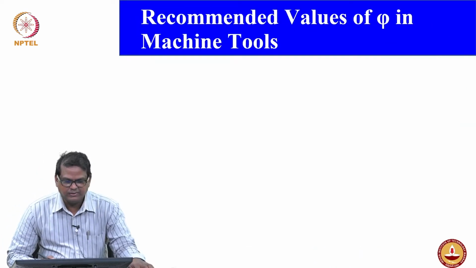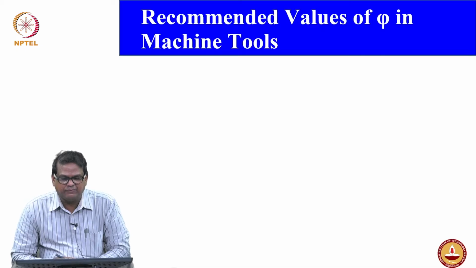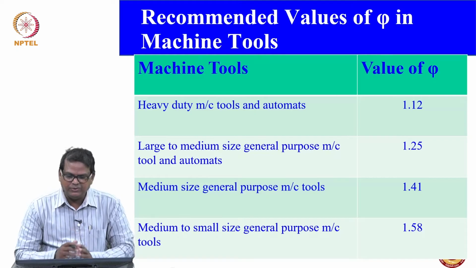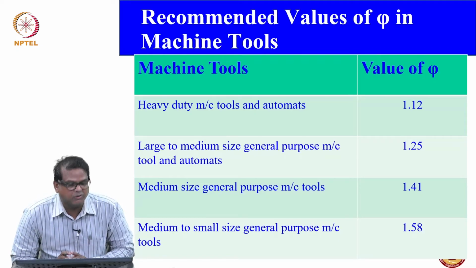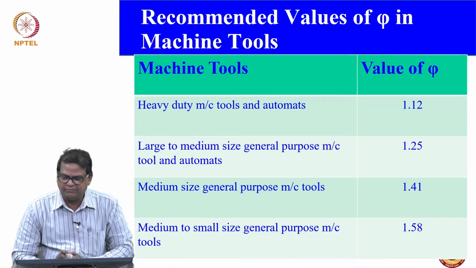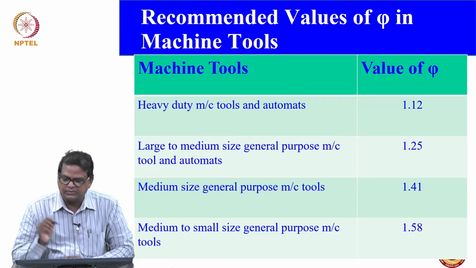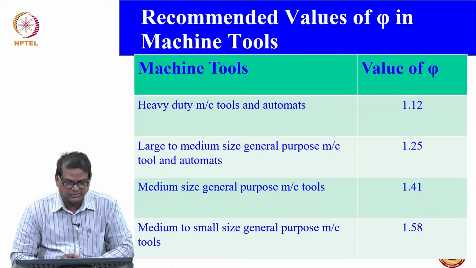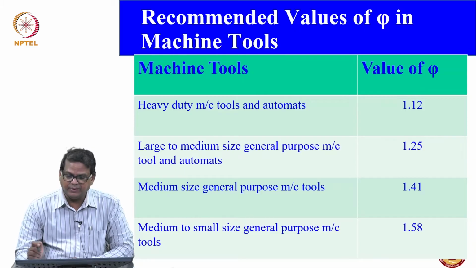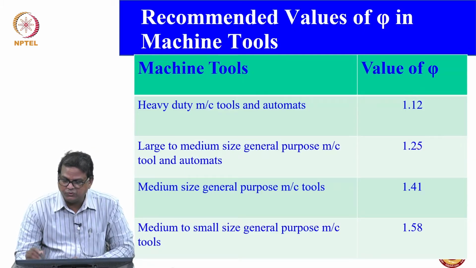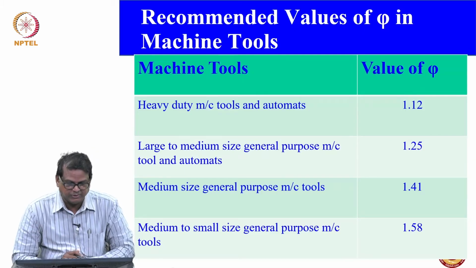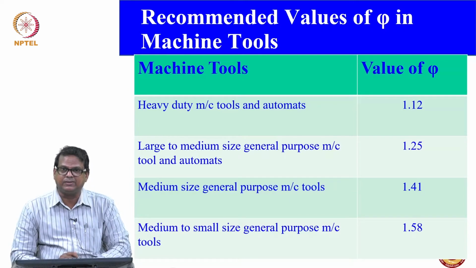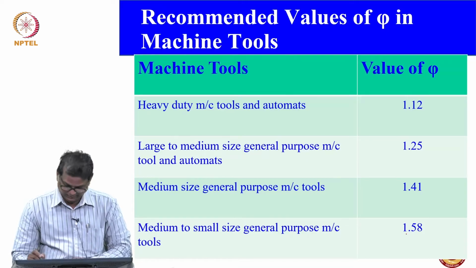Right. Now, recommended values of φ in machine tools. So, these are the things you can see. For a heavy duty machine tool and automatic operation, you need to have a higher φ value, 1.12. When you move on to large to medium size general purpose machine tools and automatics, then you can go for 1.25, and for medium size general purpose machine tools 1.41, and for medium to small size general purpose machine tools, you can go to 1.5.